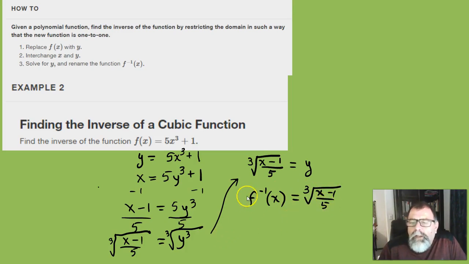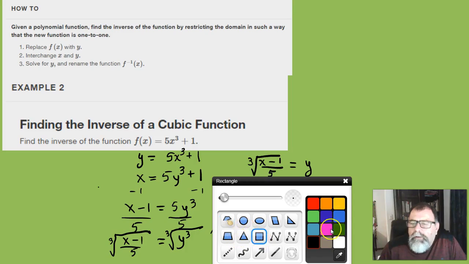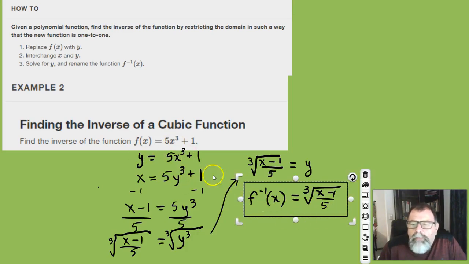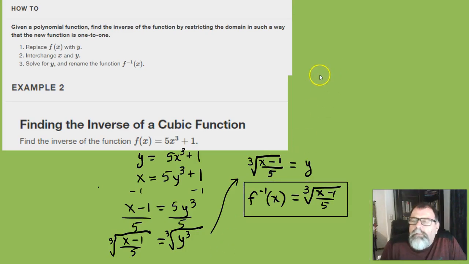And if you want to check, you can do what we just did in the last example and verify that when you compose f with f inverse, they cancel each other out and you end up with just x. So if you wanted to do a check, you got to do the composition. Technically, you're supposed to do both ways, but if you're just checking real quick, you just do one way.